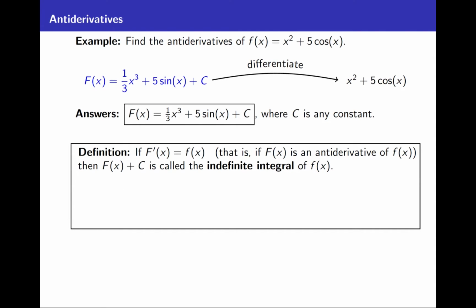So I'm going to make a definition that's very close to the definition of an antiderivative, but it has a shade of meaning difference. If F prime of x equals little f of x, that is, if big F of x is an antiderivative of little f of x, then this big F of x plus c, like this thing that we had up here, that's called the indefinite integral of f of x.